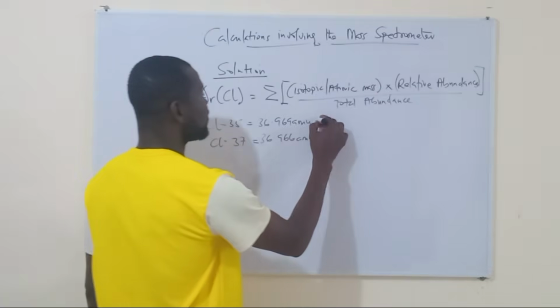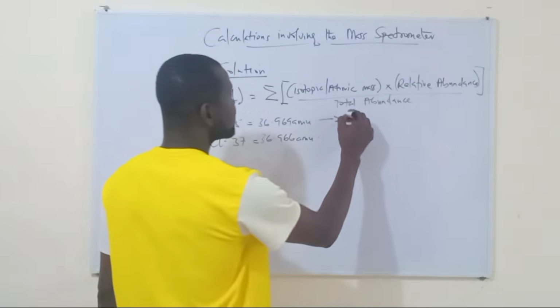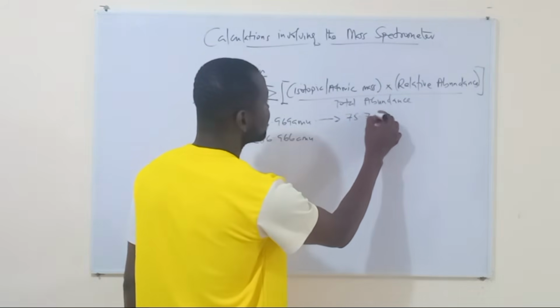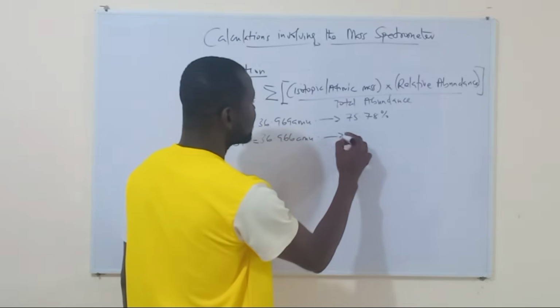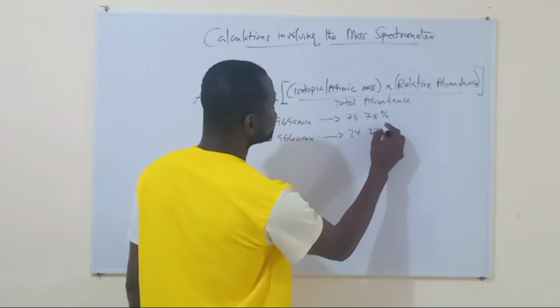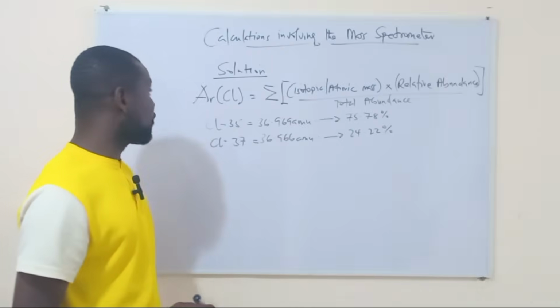And each percentage abundance for this was 75.78%. This one was 24.22%. So we are going to substitute this into our formula.